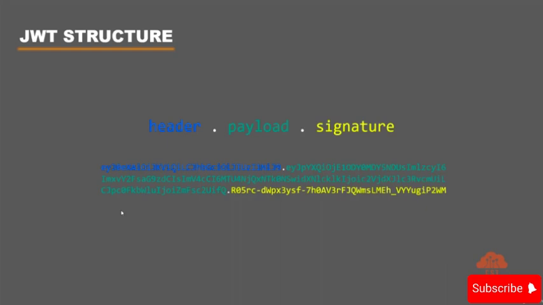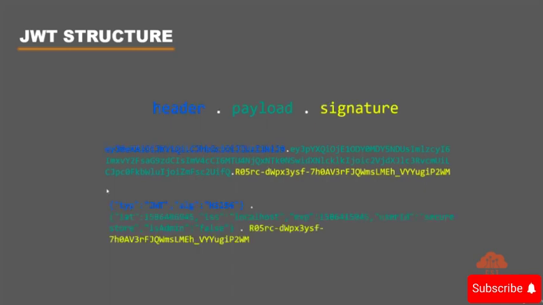Now, if you are wondering what kind of encryption or encoding is used to produce this particular token, let me clear that. If you see this, the first two parts, which are header and payload, can be converted into clear text because these two sections are simply base64 URL encoded.